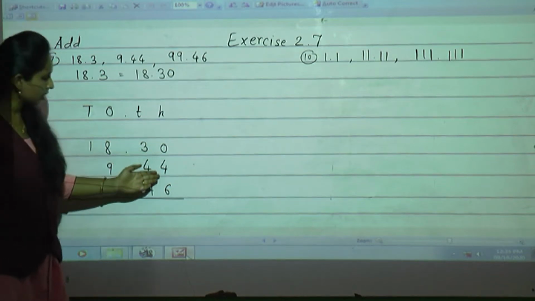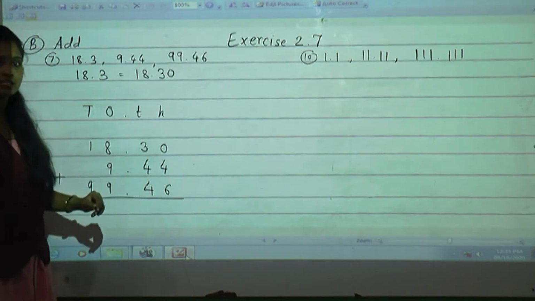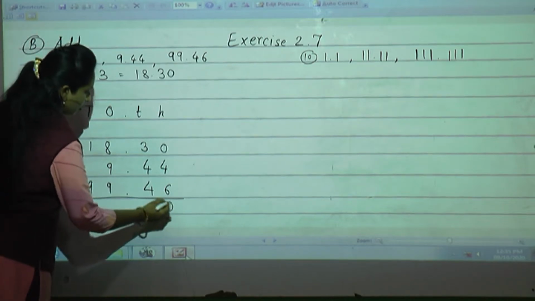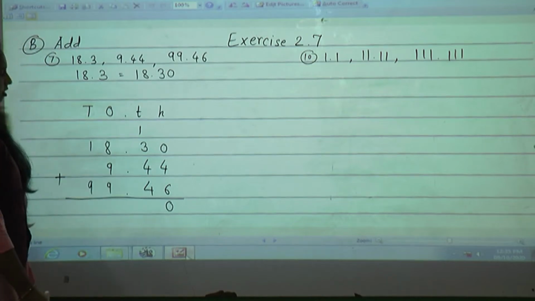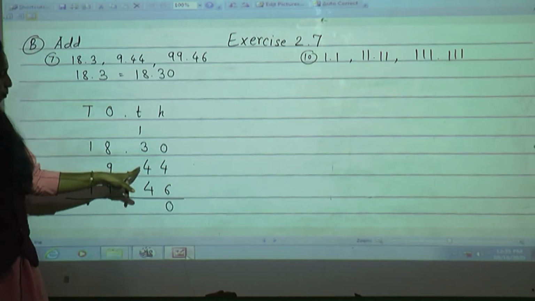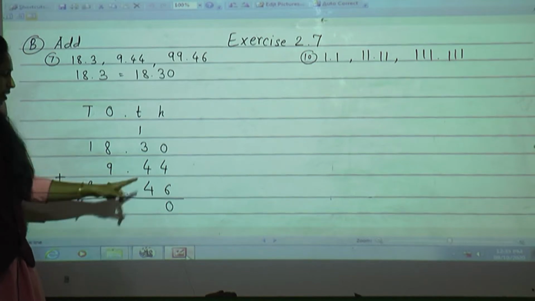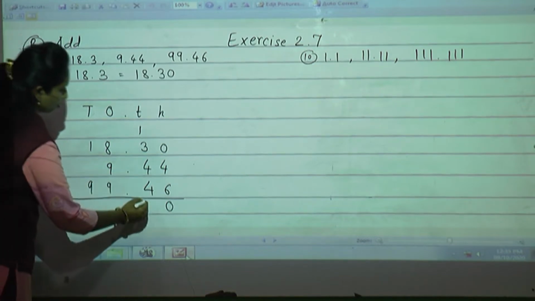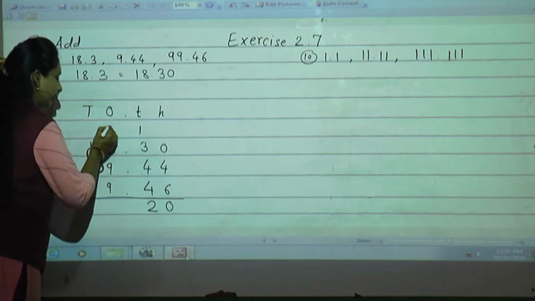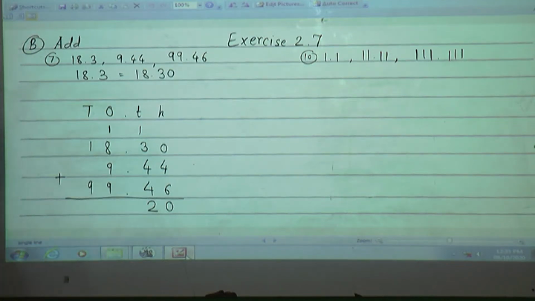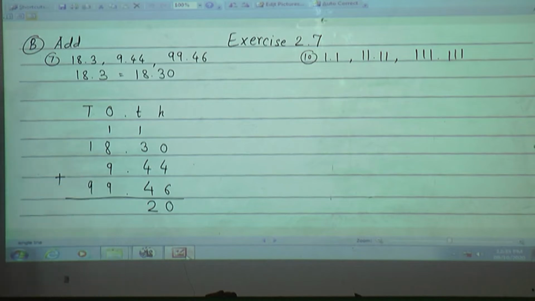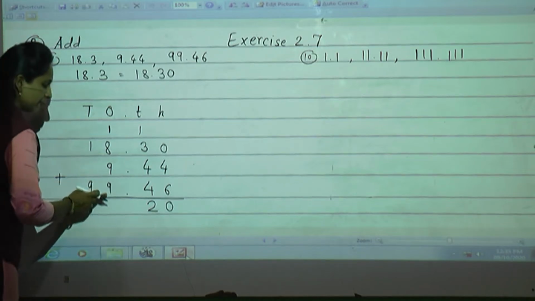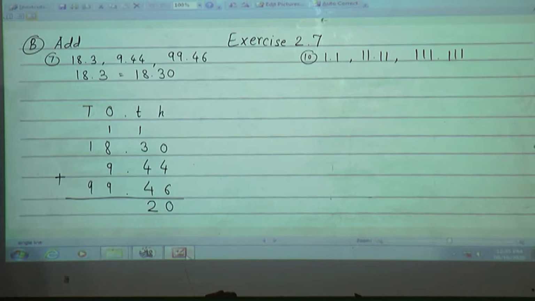See, 0 plus 4 is 4, 4 plus 6 is 10. So write here 0 at the hundredths place and carry 1 to the tenths place. 1 plus 3 is 4, 4 plus 4 is 8, 8 plus 4 is 12. So write here 2 and 1 will carry to the ones place. Now 1 plus 8 is 9, 9 plus 9 is 18, 18 plus 9 is 27.